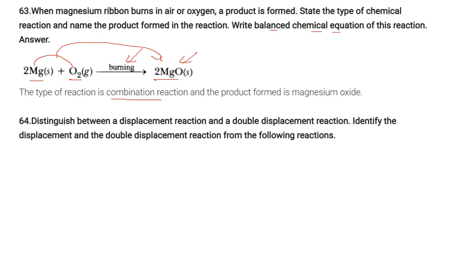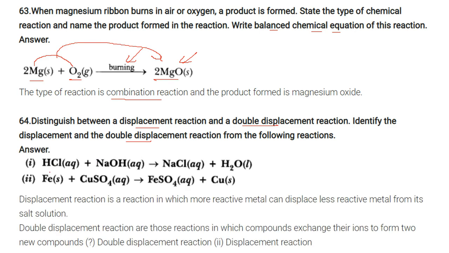You have to distinguish between a displacement reaction and a double displacement reaction. We have to identify displacement and double displacement reactions from the following reactions. First we'll talk about displacement, then we'll go to double displacement.